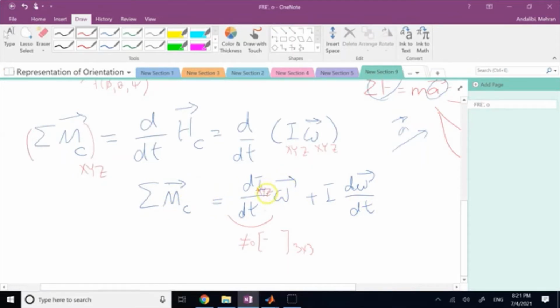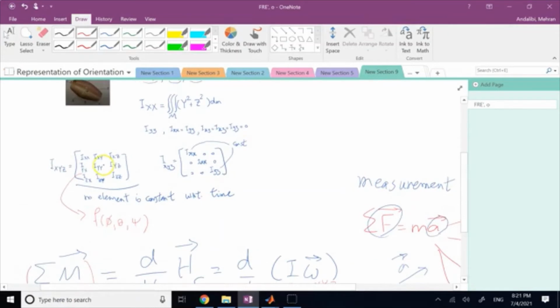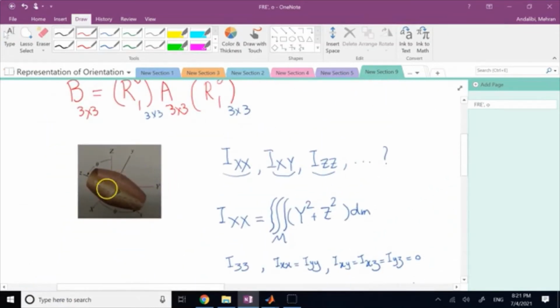So it's always good, if you have an inertia matrix, to calculate its components with respect to a body attached frame. It's not a good idea to calculate the components of an inertia matrix with respect to an inertial frame, because then the components will have time derivatives.